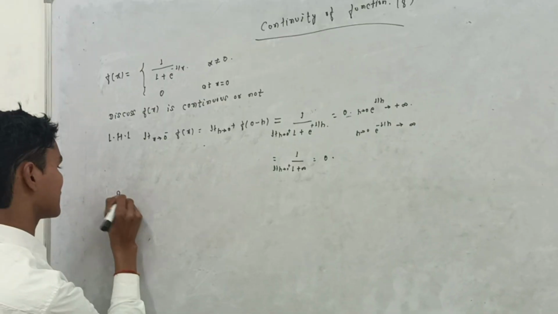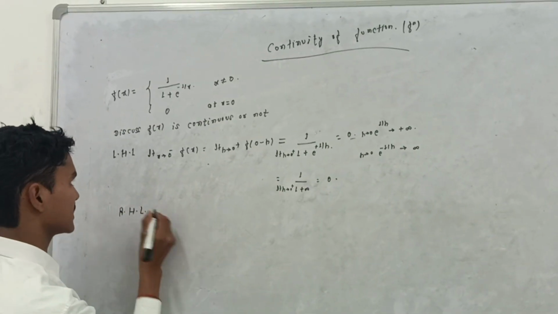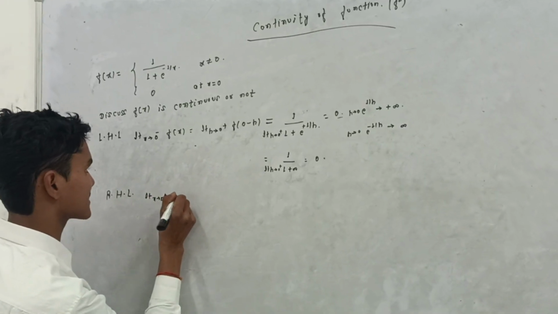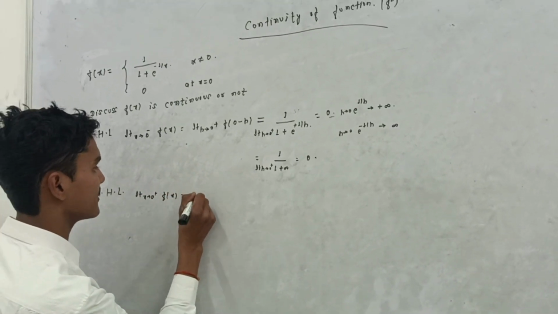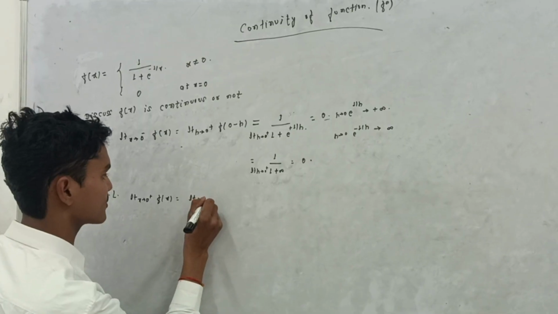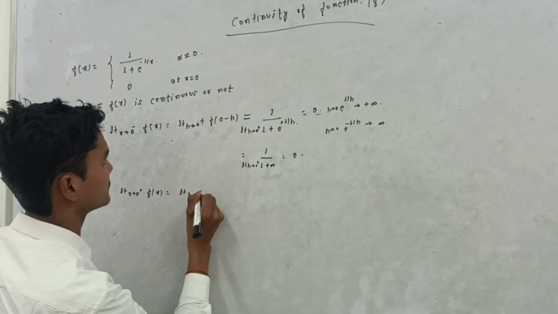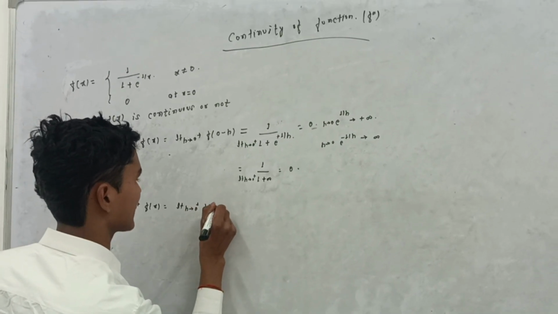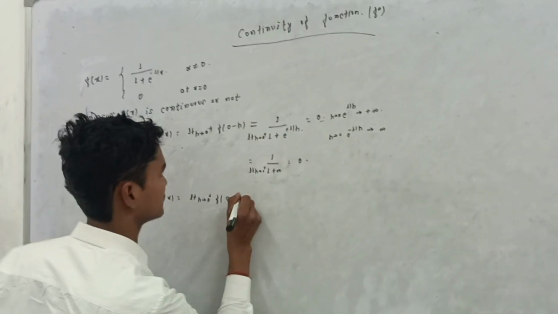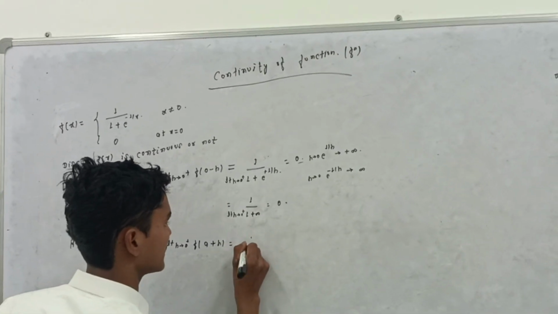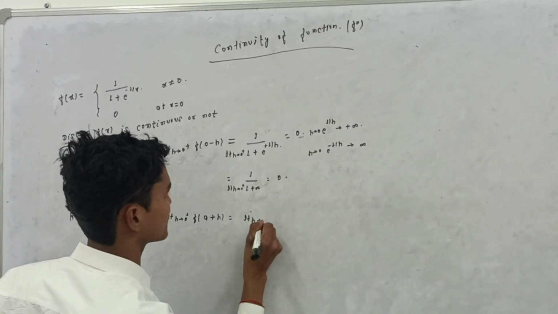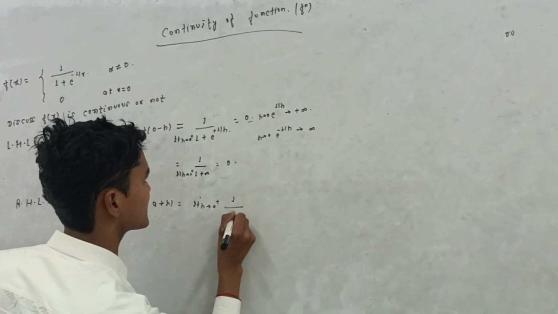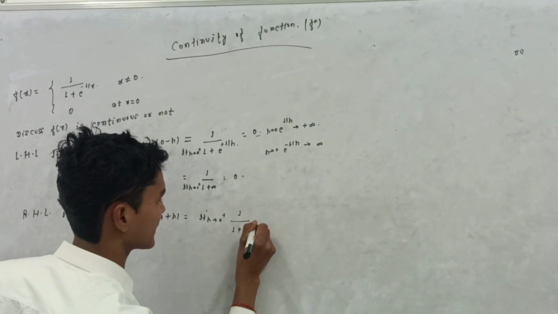And right hand limit: limit x tends to 0 plus f(x) is equal to limit h tends to 0 minus f(0 plus h), that means limit h tends to 0 plus 1 upon 1 plus e to the power minus 1 by h.